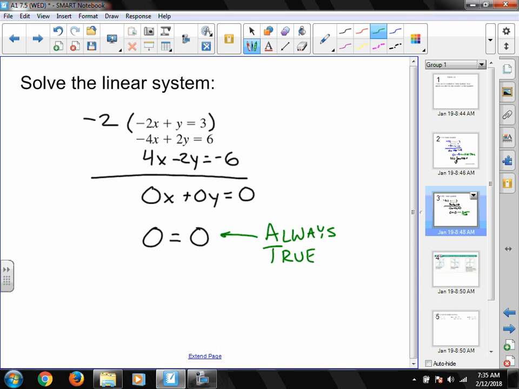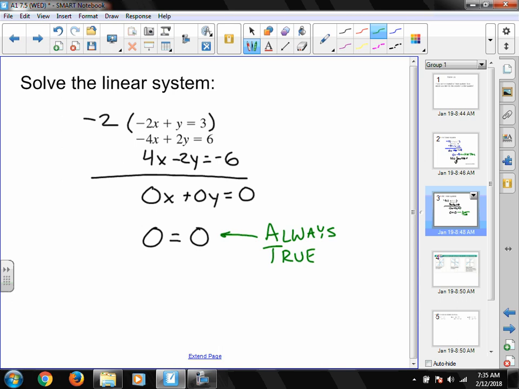And it doesn't always have to be 0 equals 0. As long as you get a statement that is true regardless of x or y, 4 equals 4 is another one, but 0 equals 0 is a pretty common one.